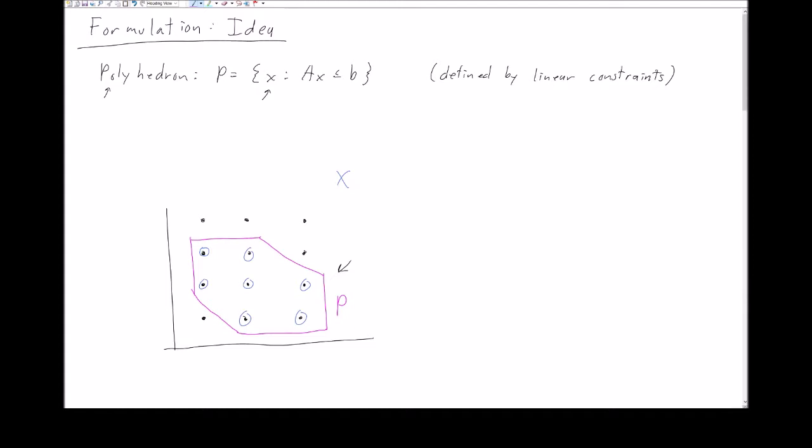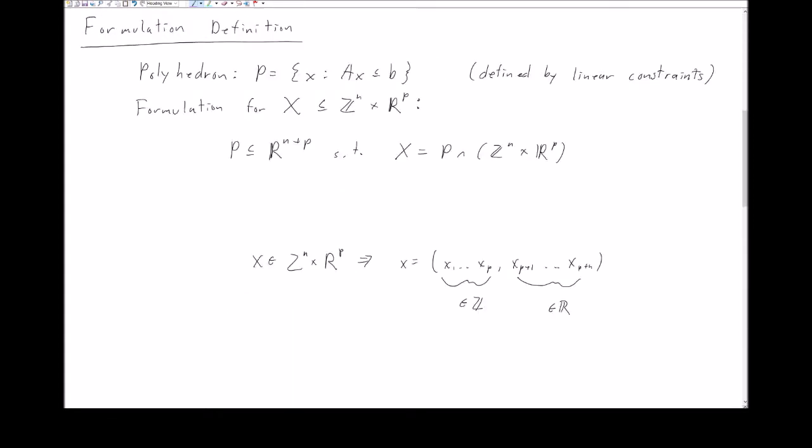This is the idea behind a formulation, but we're going to have to get slightly more general and a little bit more particular about exactly what a polyhedron is. So this is going to be our formal definition of what a polyhedron is, or a formulation. A formulation is going to be a polyhedron, defined by some set of linear constraints.